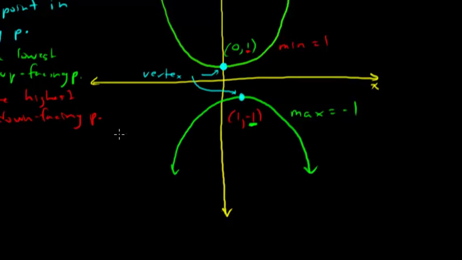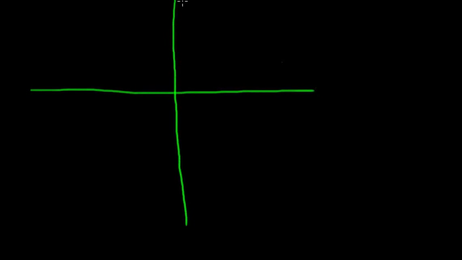Now there are actually a few other parts of a parabola. You cannot see them on both of these parabolas, but let's actually draw a new parabola here. We have vertex, we have maximum, we have minimum, and finally we have something called intercepts.